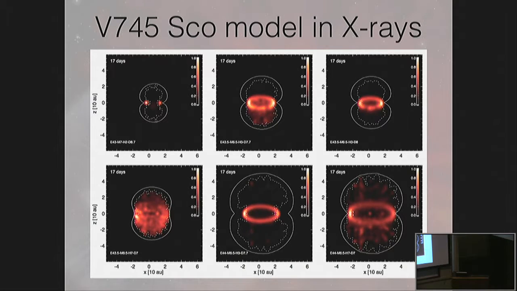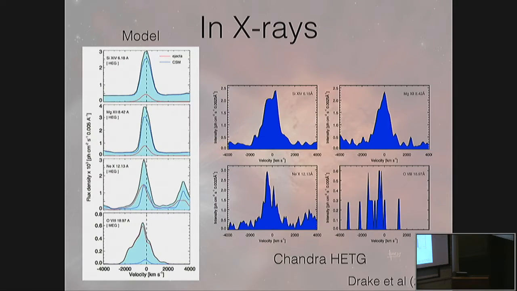Some of them have more strongly heated ejecta, which is what we see with our Chandra data, and that's what we show here. So the model: this is the silicon, magnesium, neon, and oxygen, hydrogen-like, and alpha lines.